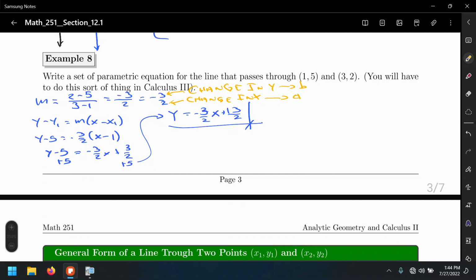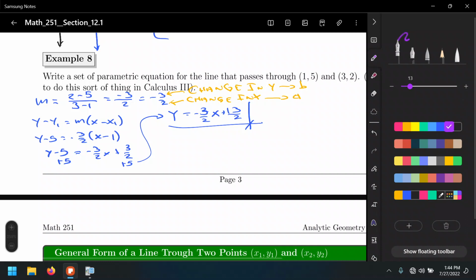In this case, I'm just going to give you the formula to do this parametric representation in general for y equals mx plus b.